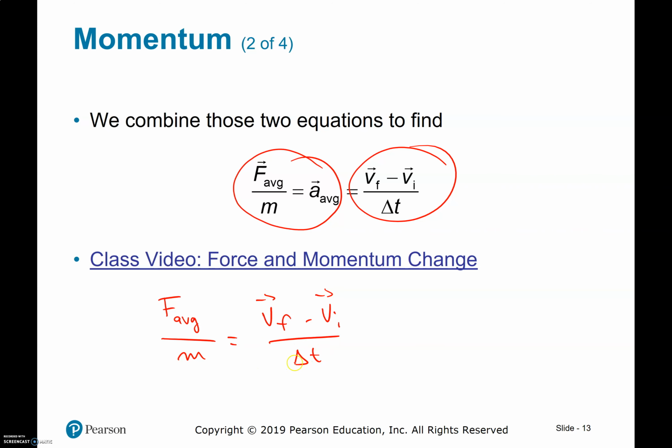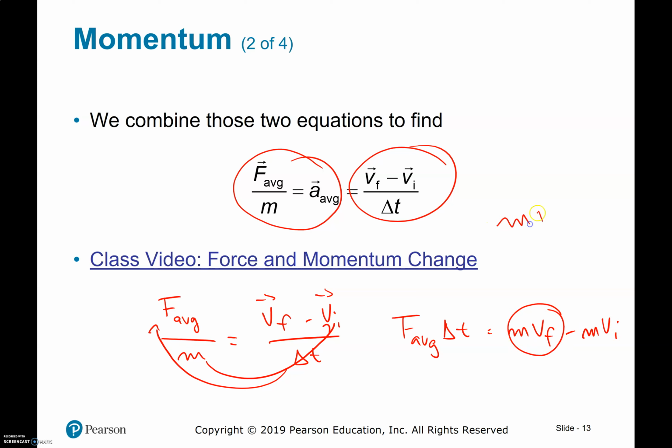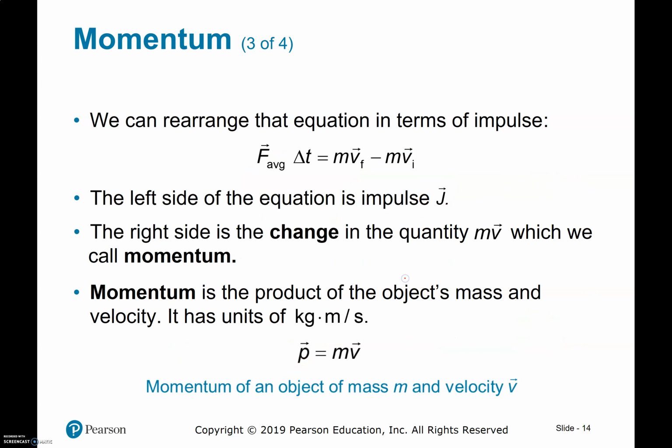I send this delta t over here and this mass over there. So F average times delta t is equal to m v final minus m v initial. This quantity, m v, these are vectors, we're going to call momentum. We define the momentum as the mass times the velocity.